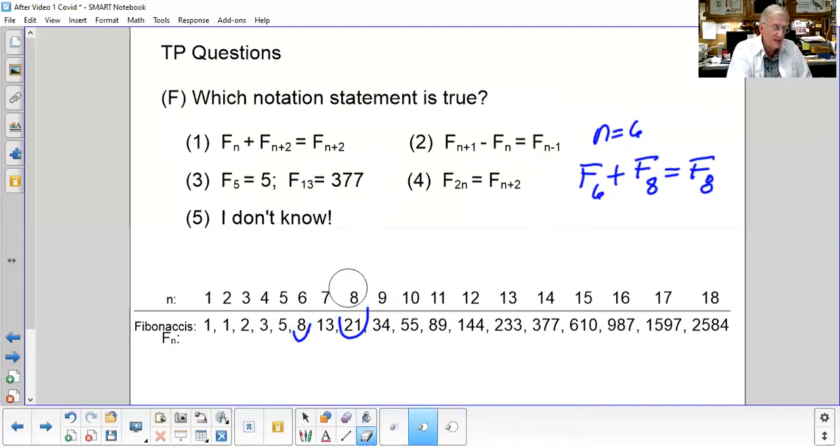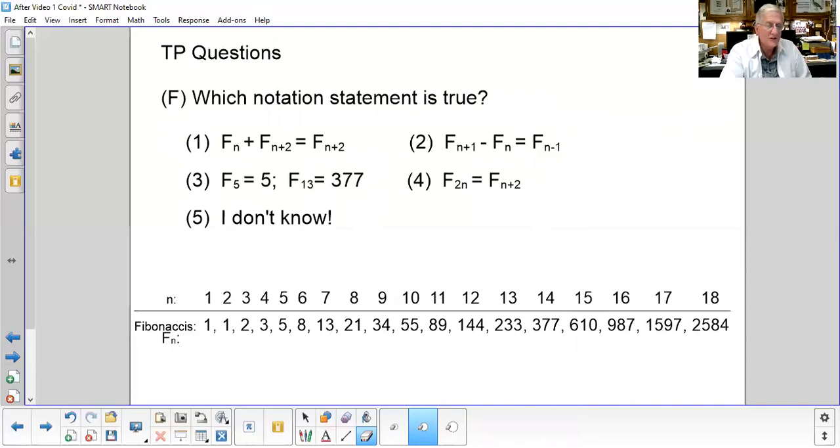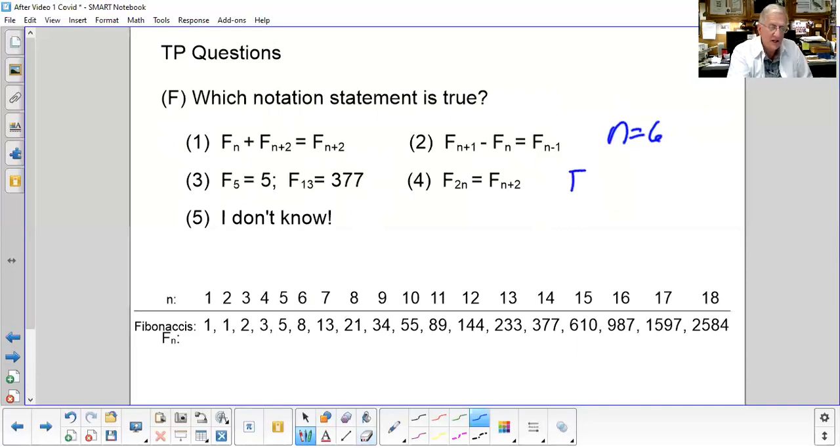All right, let me erase these all off so they're out of our way. Let's look at choice 2. If we're using n equals 6 again, what does statement 2 say? It says f sub 7, I believe, right? 6 plus 1 would be 7, minus f sub 6, which should give me f sub n minus 1.